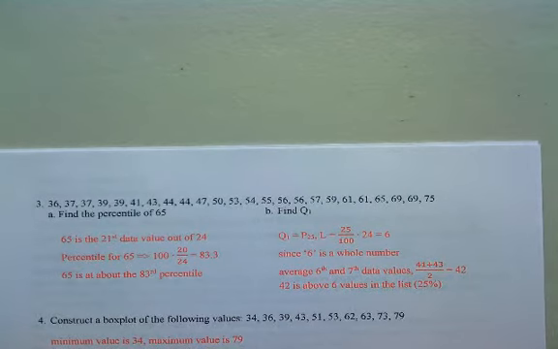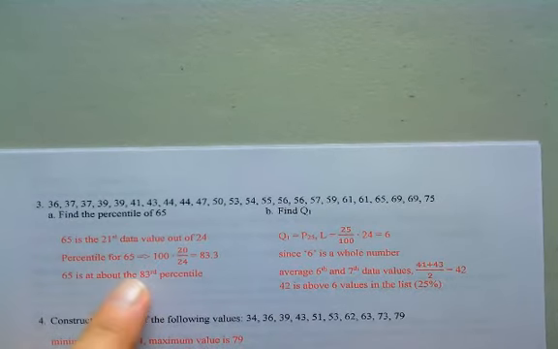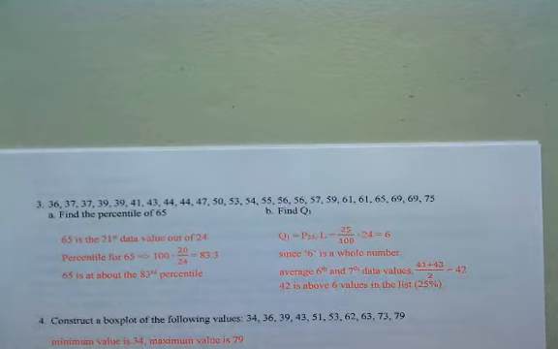Very often, though, there might be hundreds or even thousands of data values in the set, in which case you can get very, very close to 83% of the data being less than data value 65 here. This is very common when people take their standardized tests, and you find out what percentile you were in, and basically you didn't know what your score was, you just knew how your score compared to everybody else's score.